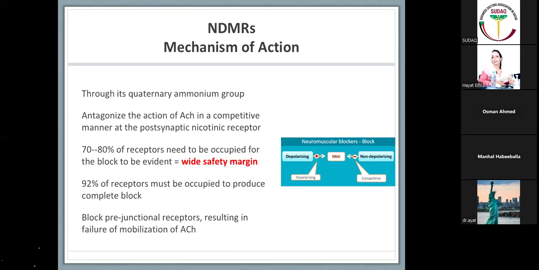So when they block the pre-junctional receptors as well, this will further deprive the neuromuscular junction of acetylcholine, and it will prolong the flaccidity of the muscle.